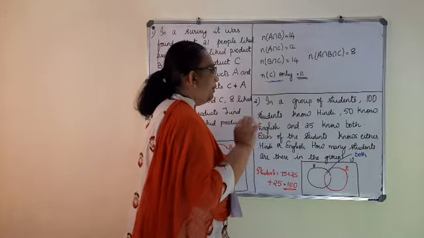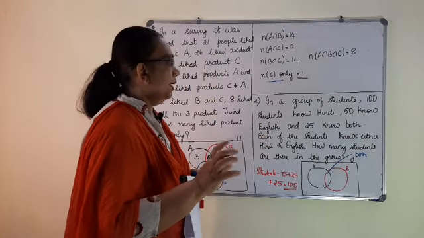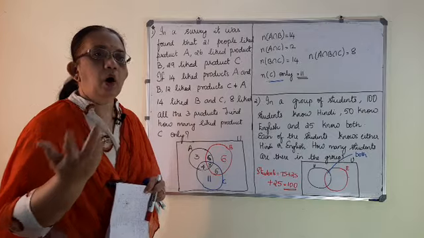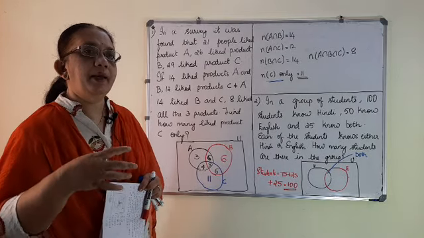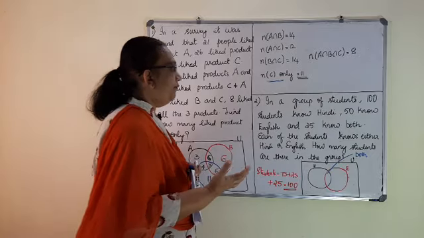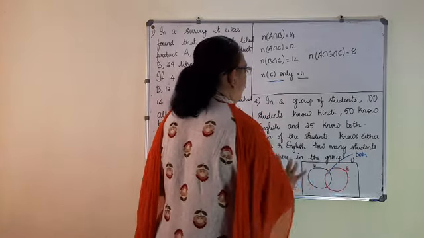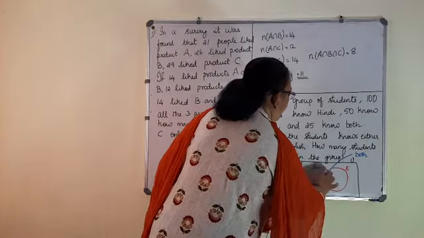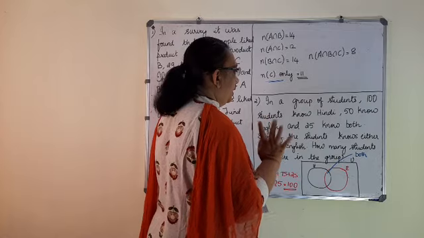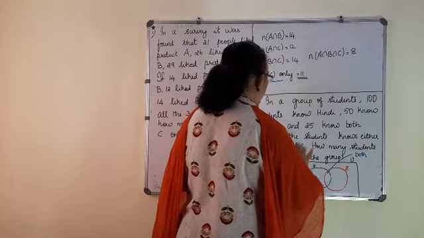So how many students in the group have they not given? They made a survey in a group of students, out of which 100 students know Hindi, 50 know English, and 25 know both.